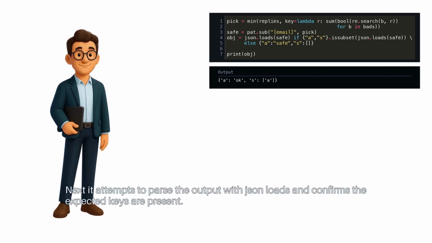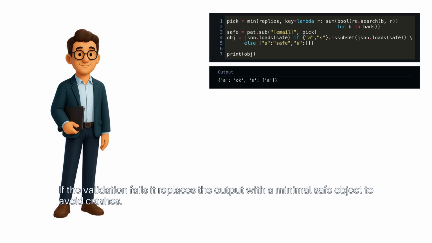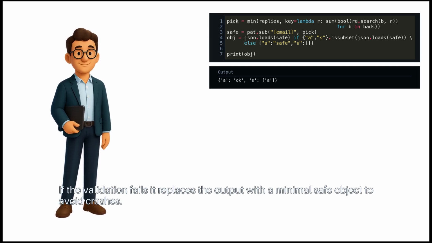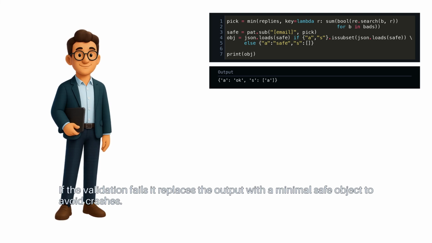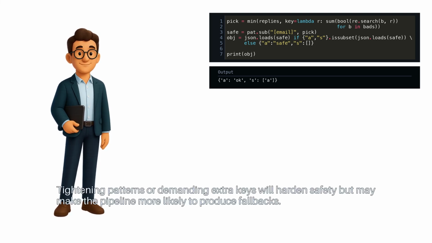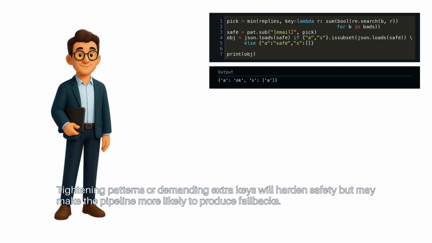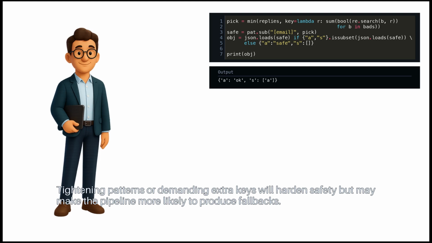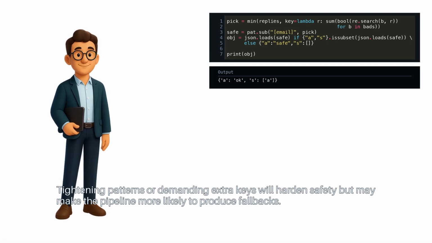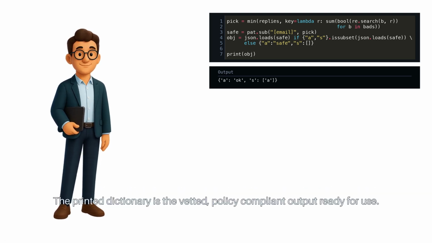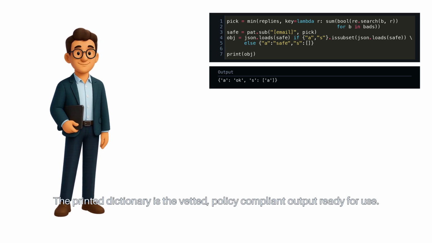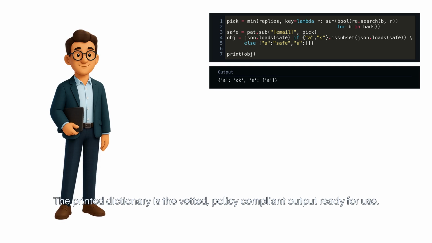Next, it attempts to parse the output with JSON loads and confirms the expected keys are present. If the validation fails, it replaces the output with a minimal safe object to avoid crashes. Tightening patterns or demanding extra keys will harden safety, but may make the pipeline more likely to produce fallbacks. The printed dictionary is the vetted, policy-compliant output ready for use.